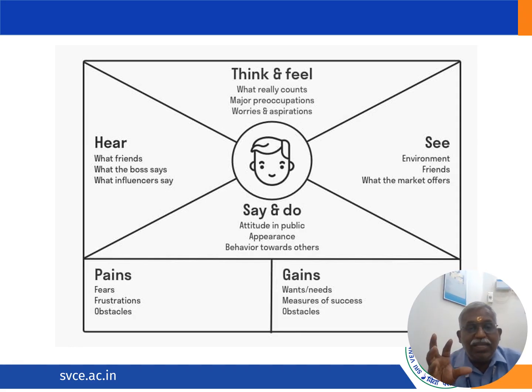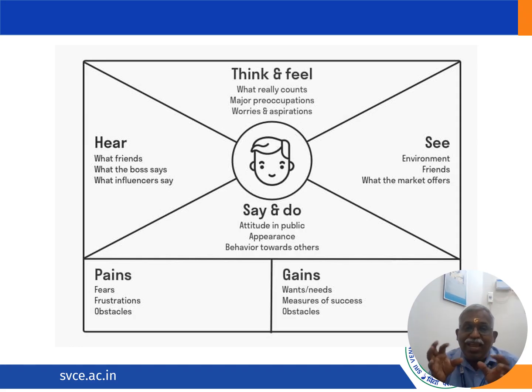Pain: what is the obstacle based on that? What is the frustration based on that? What is the pain? Based on the pain, what will happen? Here, gain: need, measure of success, obstacles, different direction.